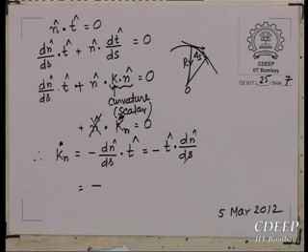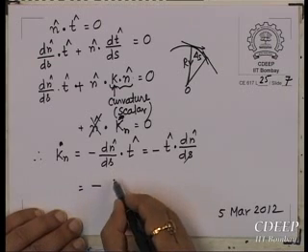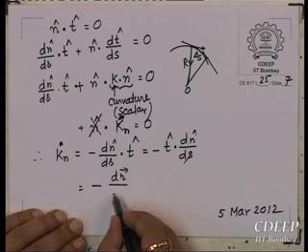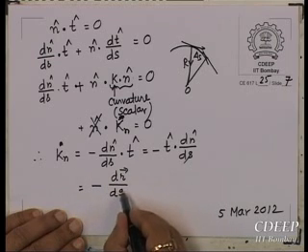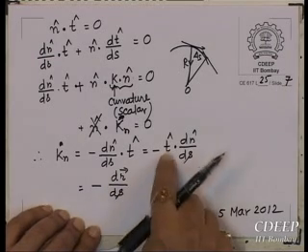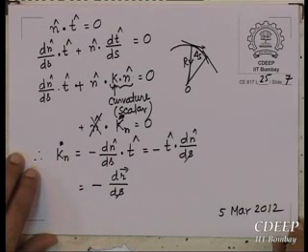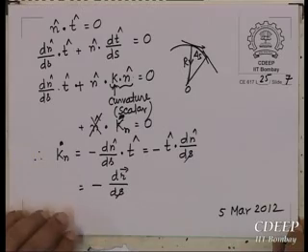What is the tangent? How do you find the tangent vector? The tangent vector is dr by ds, a unit tangent vector. This we have proved: dr by ds is a unit tangent vector.